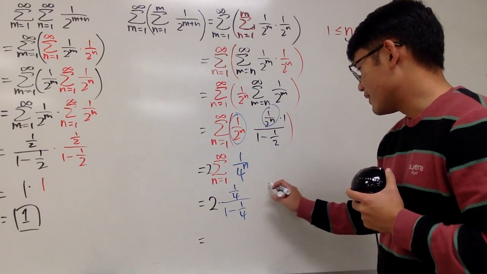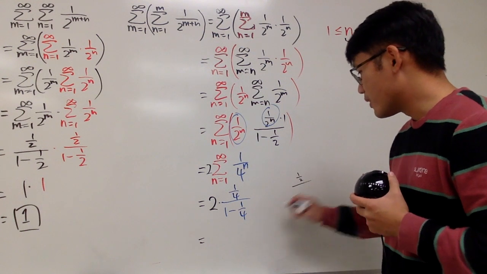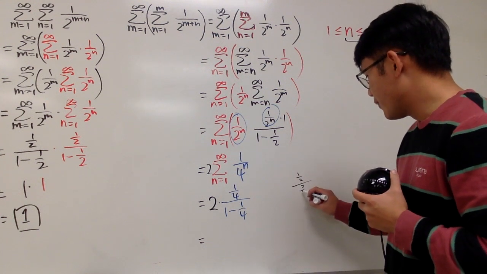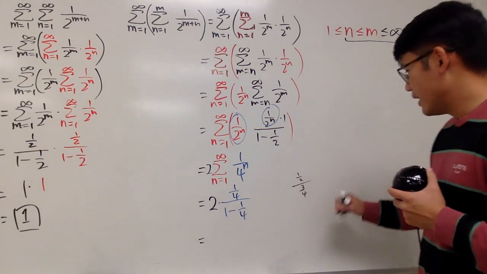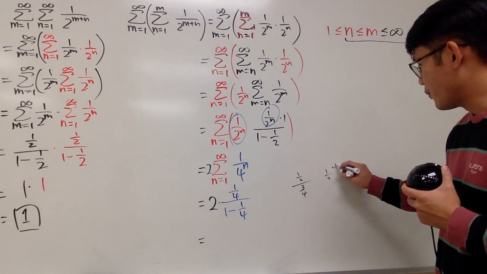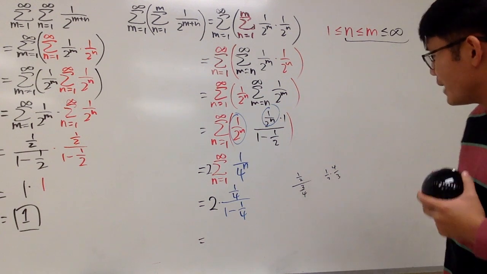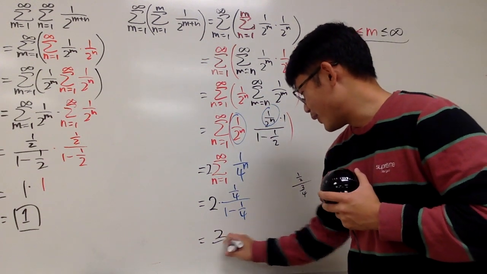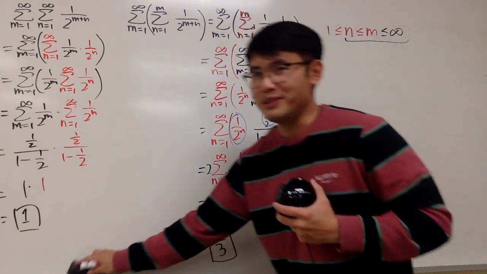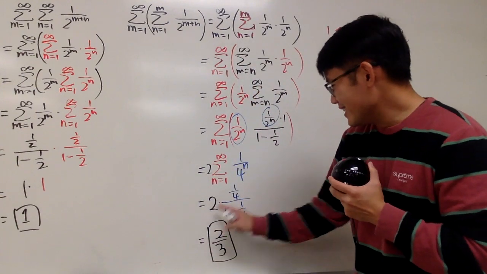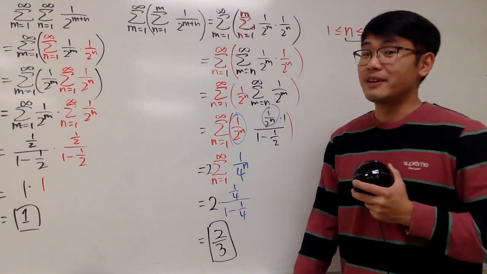This is 1/2 on the top over 3 over 4 on the bottom. And then this is 1/2 times 4 over 3. So all in all, we have 2/3. So I'm going to erase this so that you guys don't see it anymore. But anyway, when you do this times that, you get 2/3 for the answer.